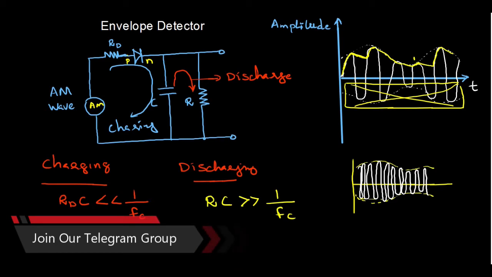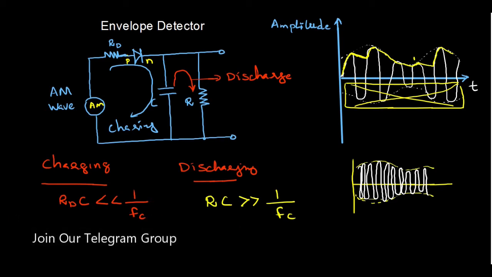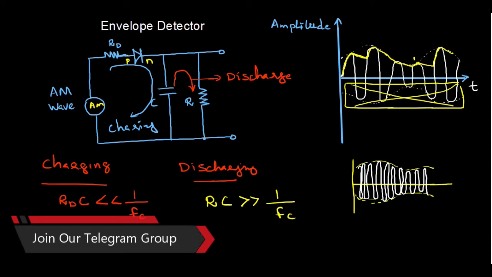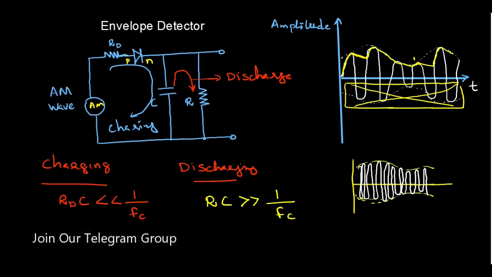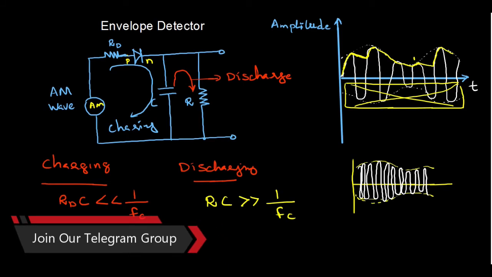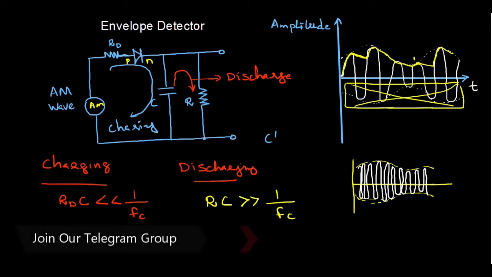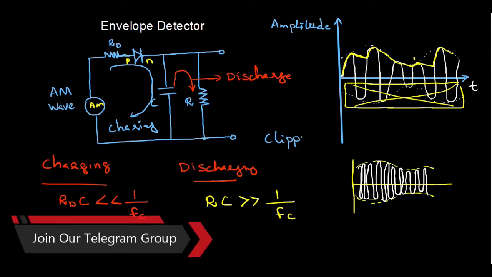If you keep it like that, what happens? The charging and discharging of the capacitor won't be able to follow the envelope of the modulated signal. That is a distortion known as clipping. Clipping distortion occurs.